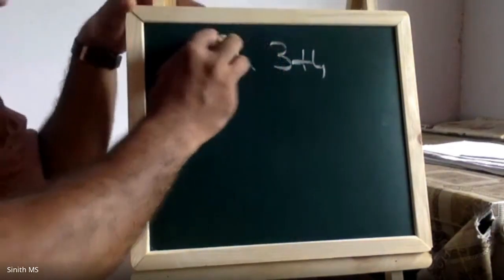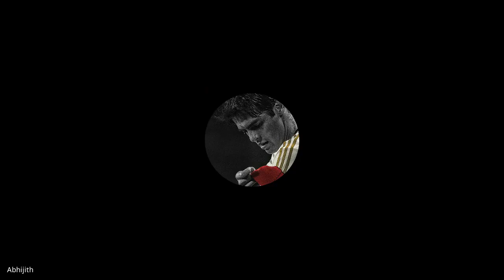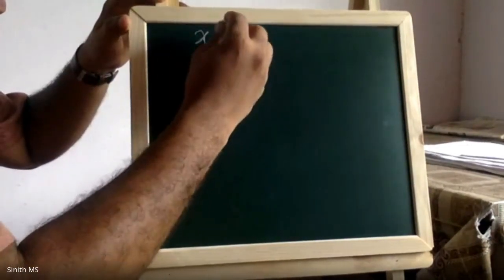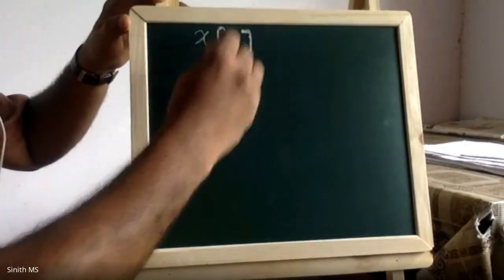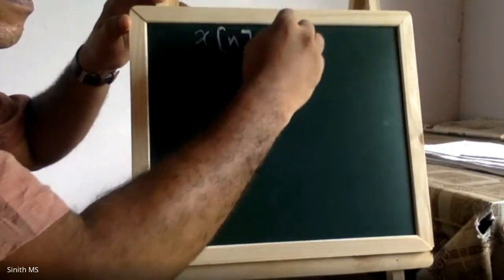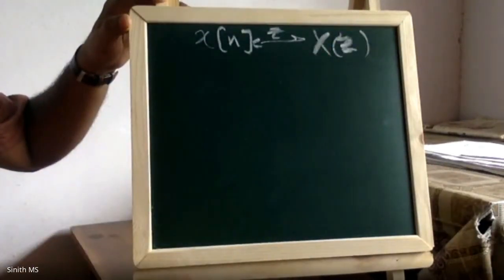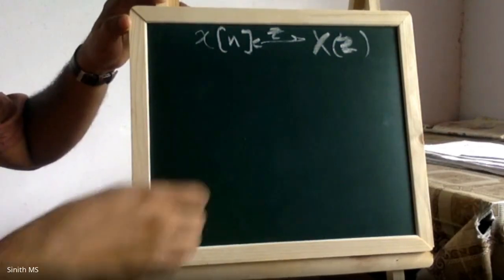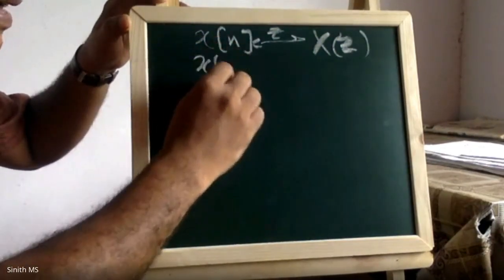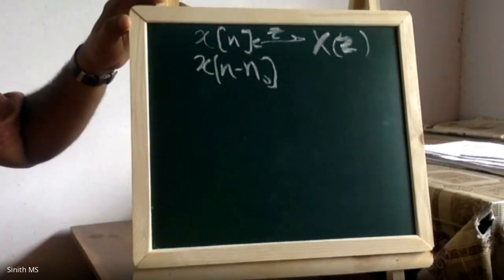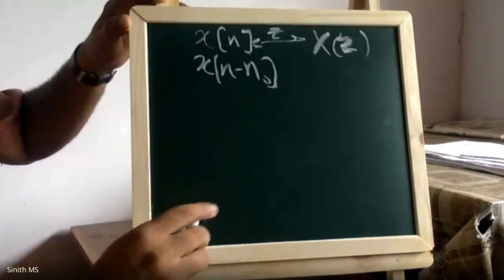Okay, so now we shall see some properties of Z transform. Say x[n], if x[n] has a Z transform, say X(z), what will be the Z transform of x[n minus n0]?